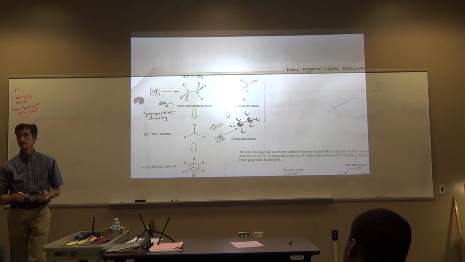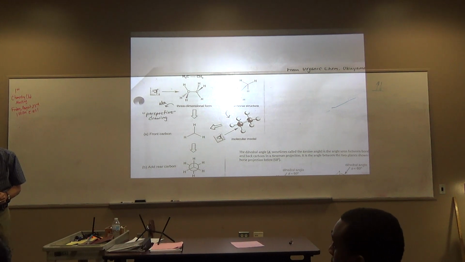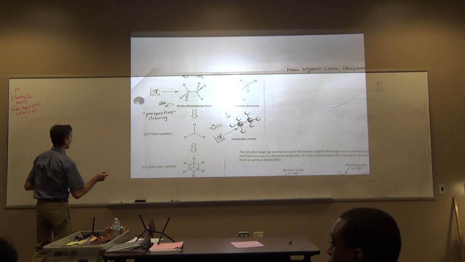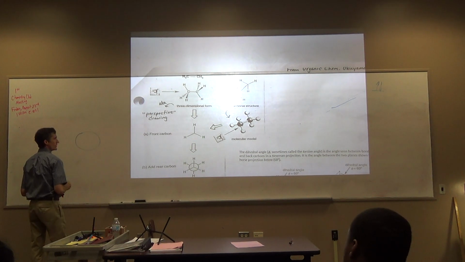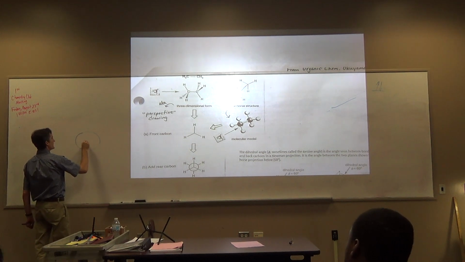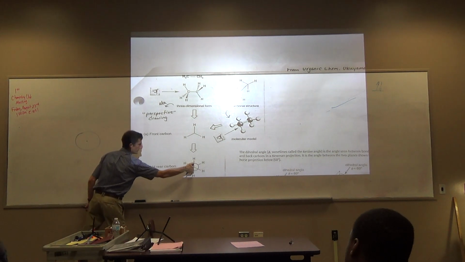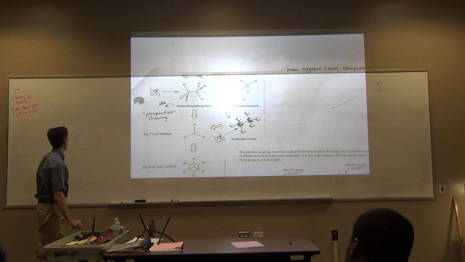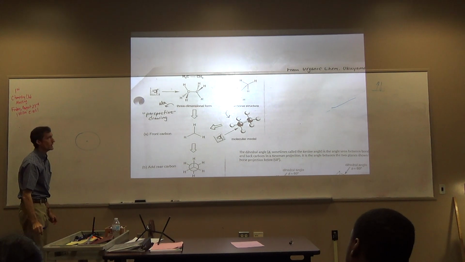Circle, circle, dot, dot? We draw a big circle there, and we put a dot in the middle. Circle and then the dot in the middle. And the dot in the middle is the front carbon.